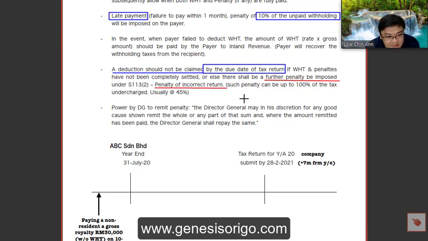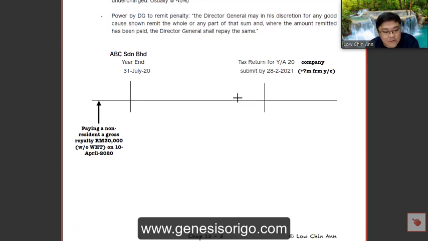Now, this thing can sound a bit complicated, so allow me to use a diagram to explain it to you. Let's do it slow and try to understand. If you don't understand, you might have to replay the video and listen all over again because it's very important.